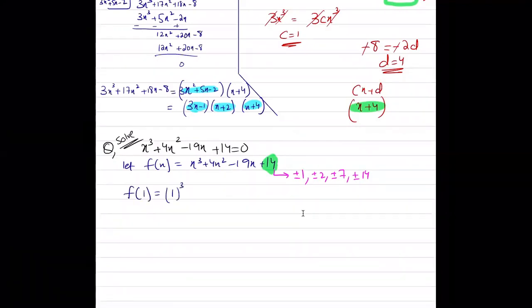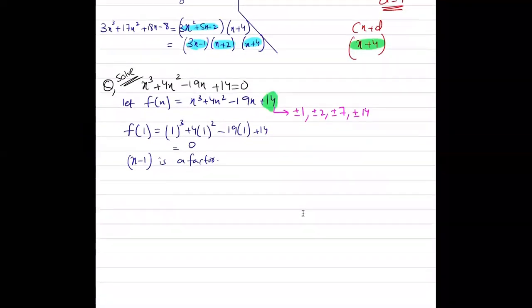What is f of 1 coming out? 0. So if f of 1 gives you 0, then x minus 1 is a factor. If f of minus 1 would result in 0, then x plus 1 would have been a factor. Okay?